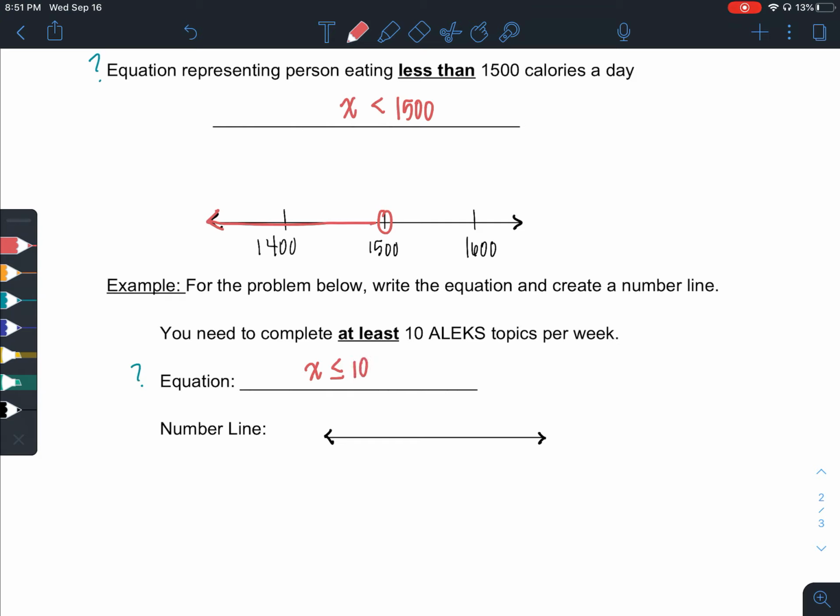So 10 is the least amount. All right, and then the way we'd write that on the number line would be, let's just do 8, 9, 10, 11. We'd put a closed dot at 10 pointing to the right. So you can complete more than 10, but you can't complete any less than 10.